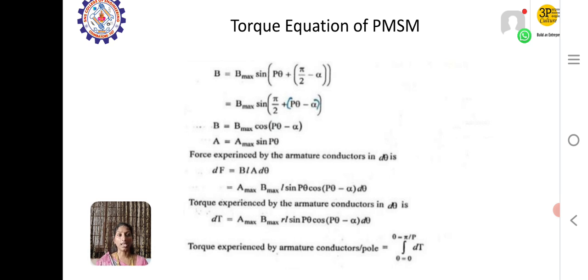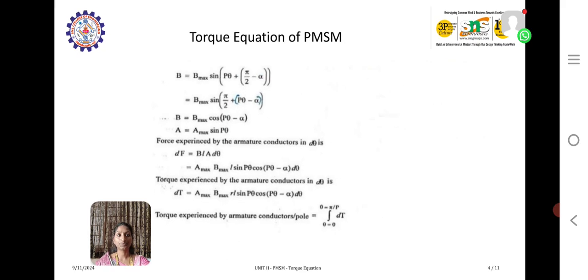In order to reduce the equation and use the formulas, we replace the value, that is P theta is kept inside and pi by 2 is brought outside. So this becomes sin (pi by 2 plus P theta minus alpha).